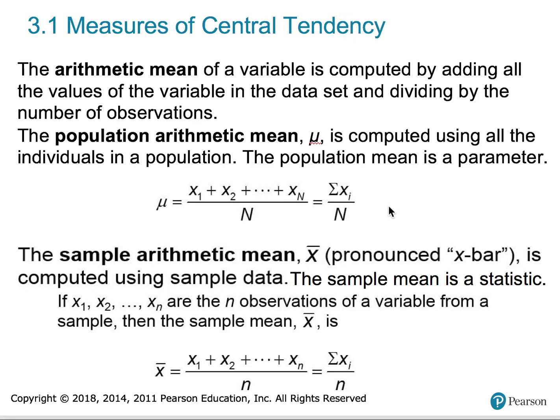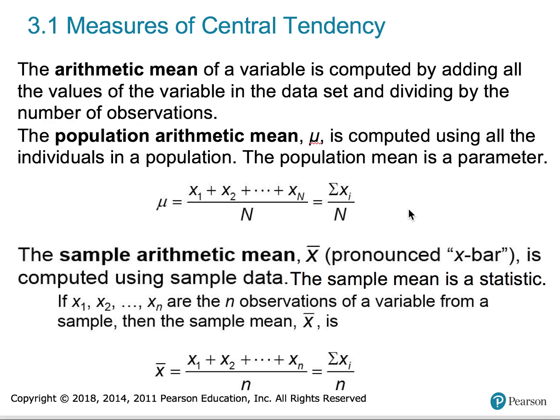Okay, now we're starting chapter 3 with measures of central tendency. A measure of central tendency numerically describes the average or typical data value. We hear the word average in the news all the time. Well, we're going to discuss the three most widely used measures of central tendency: the mean, the median, and the mode.